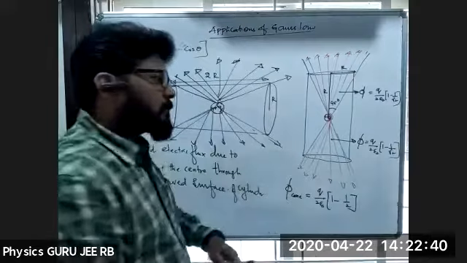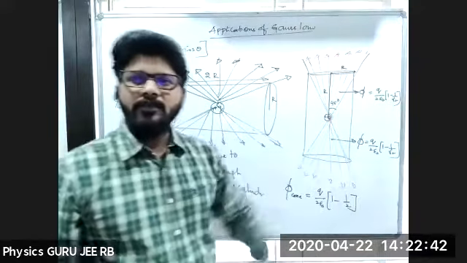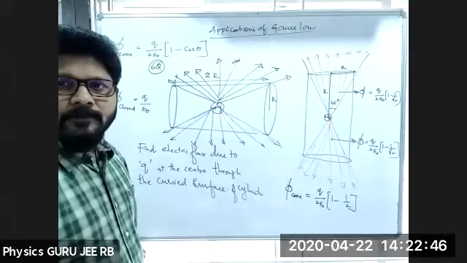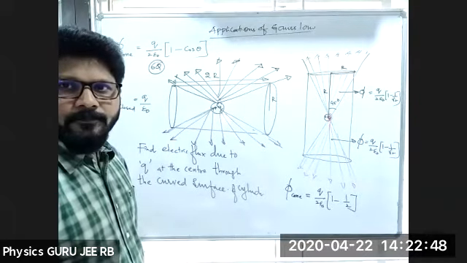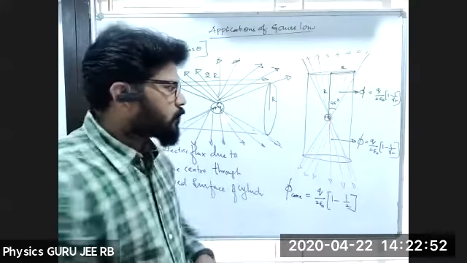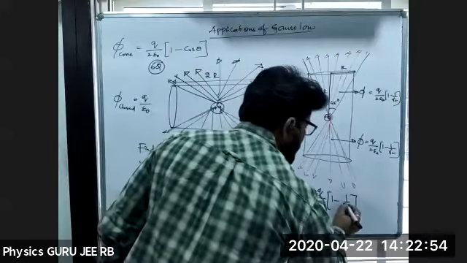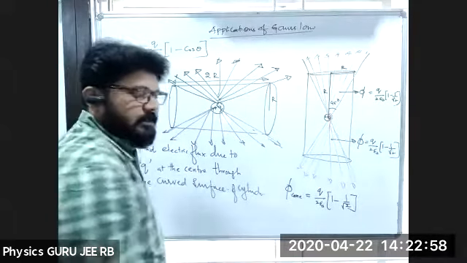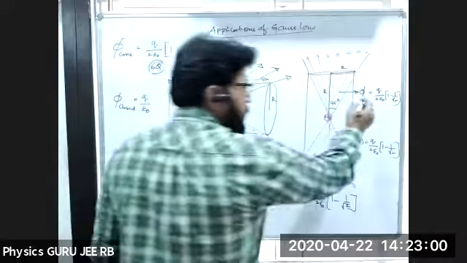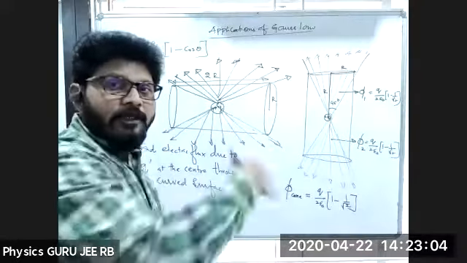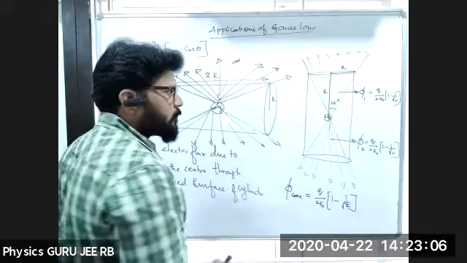So the total flux, you add both the fluxes and then remove them from the total flux. Phi 1, phi 2, upper part, lower part. Removed means add both the things.